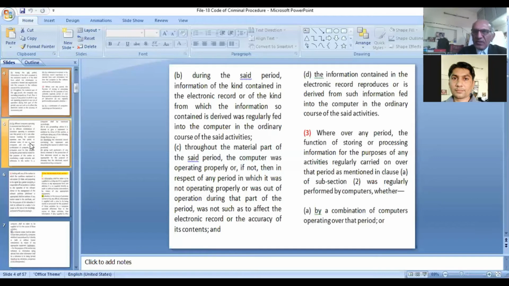During non-operating situations, the accuracy of the information is to be the test, but for that, the information already fed in that machine as computer is to be taken as a computer output permissible for the admissibility as a secondary evidence, as a substitute for the original information of the computer, a machine.